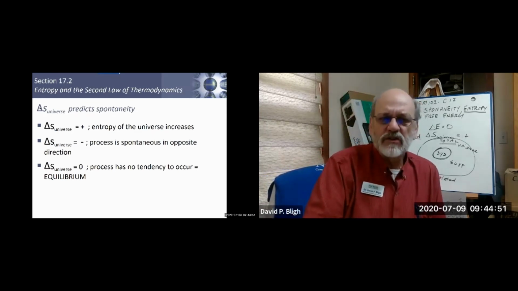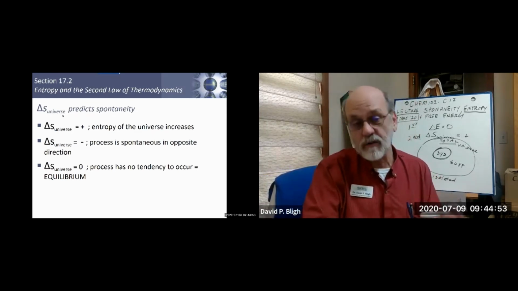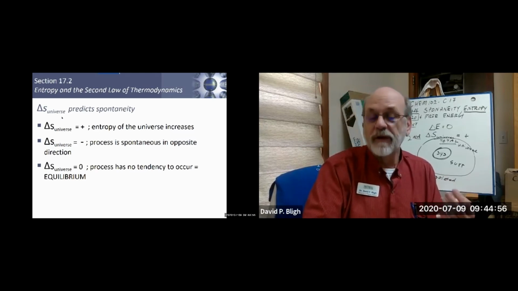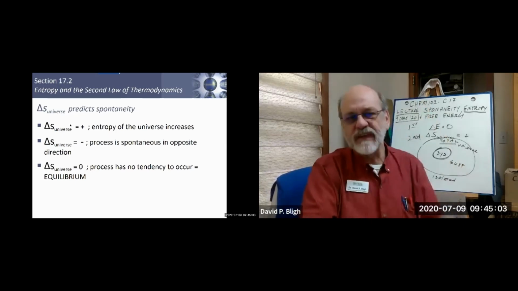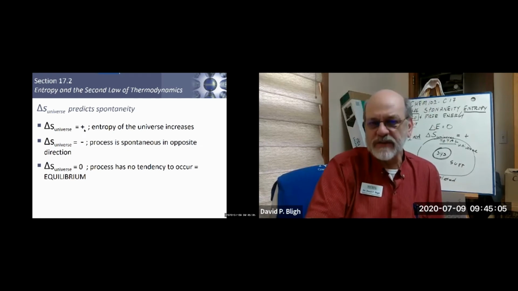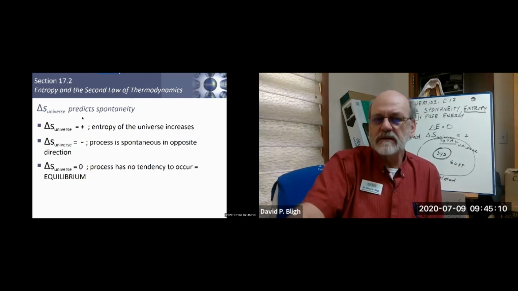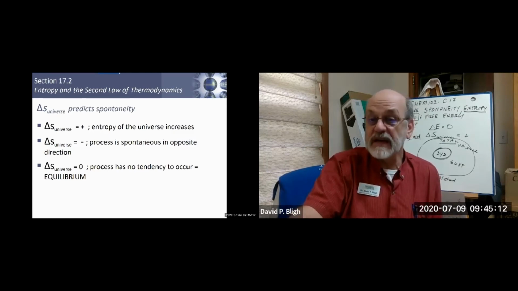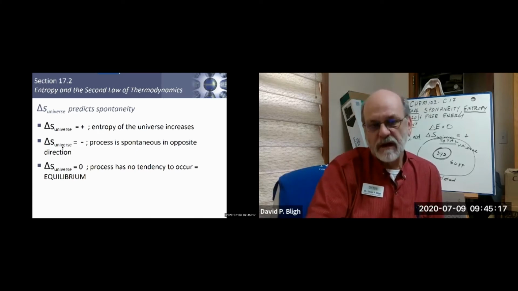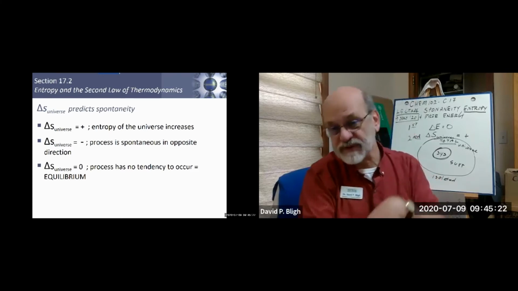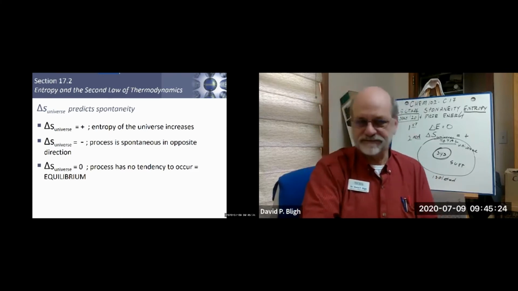So, the change in entropy for the universe, I forgot to change that one. The change in entropy total predicts spontaneity. So if you can say that the change in entropy is positive, then you would expect the process to be spontaneous. Whereas if the change in entropy is negative, the process is spontaneous in the opposite direction, right?